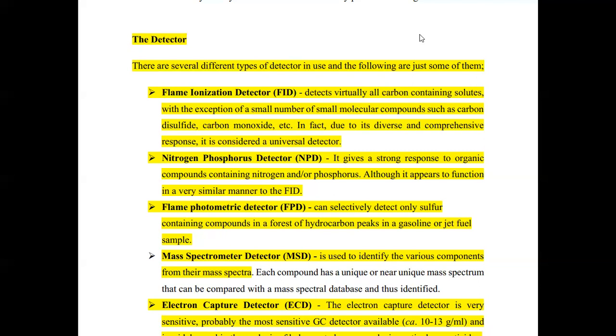Just look at the names. Flame photometric detector comes from a technique which we call flame photometry. Flame photometry is an analytical method that I've used before, that we use to detect the presence of ions in water.